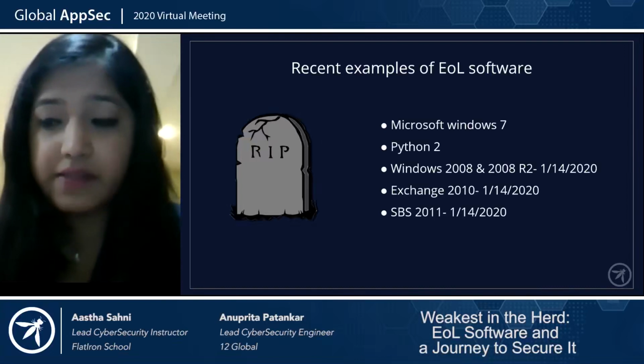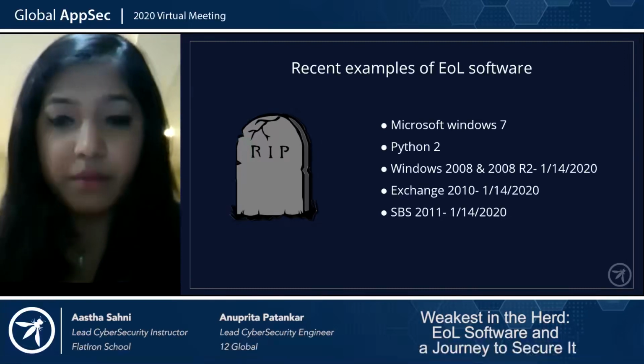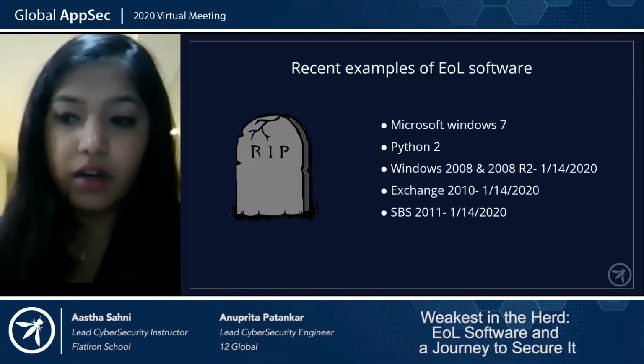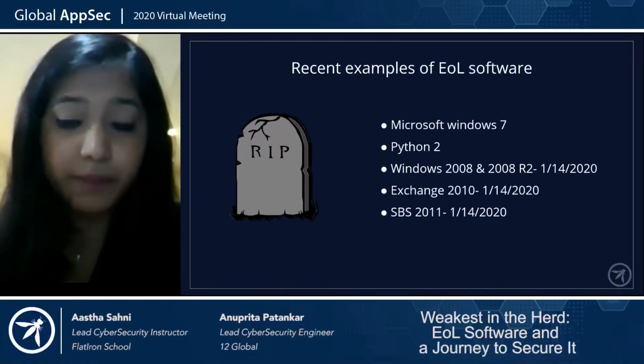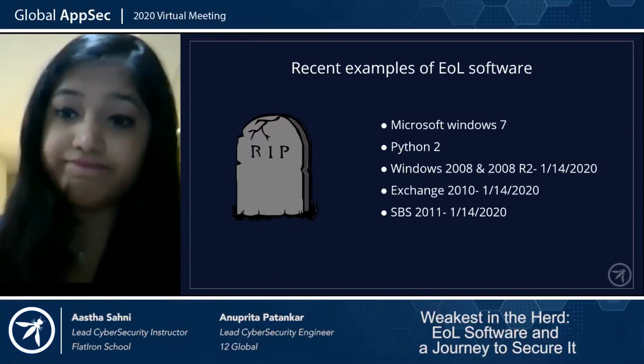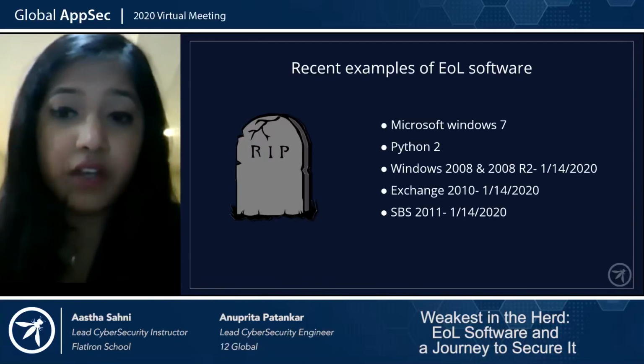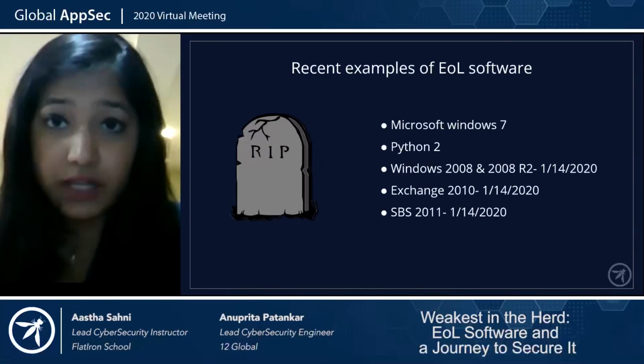There can be a reason such as some companies are currently in the learning phase of Python 3. And maybe some companies are not even aware that the system or the software has become out of date.